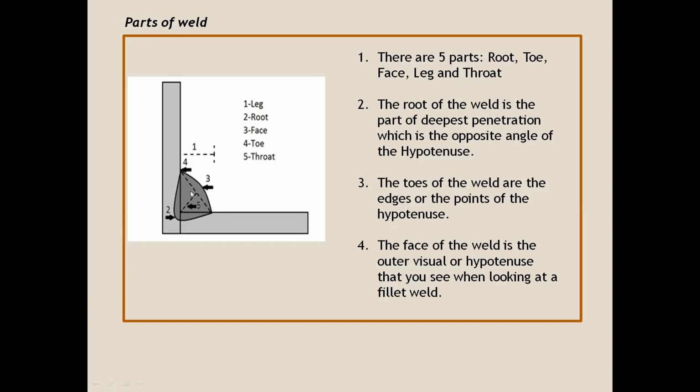This is the portion of the hypotenuse, and the root is opposite to it. The toes of the weld are the edges or the points of the hypotenuse. See the toes in the diagram, the fourth one.